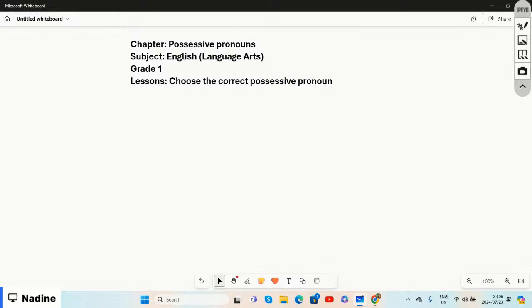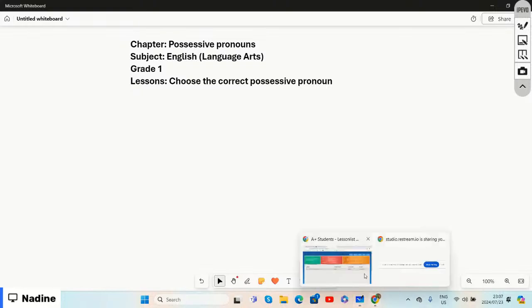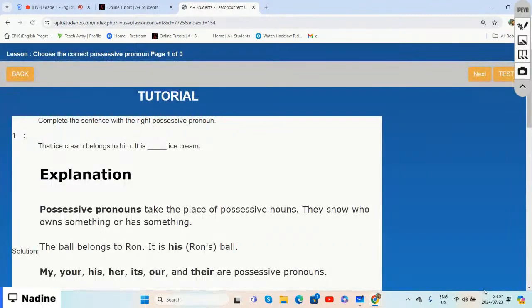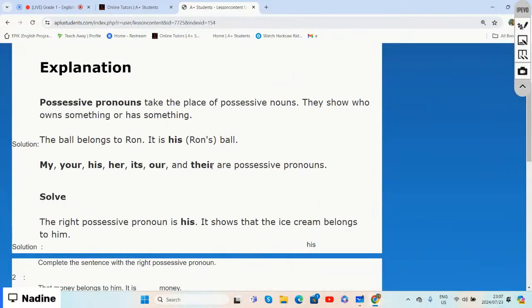So it's a possessive pronoun, and a pronoun takes the place of a noun. We're going to find out more about what a possessive pronoun is within this lesson.